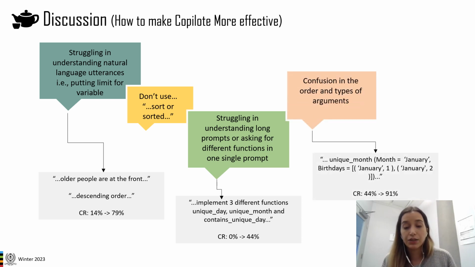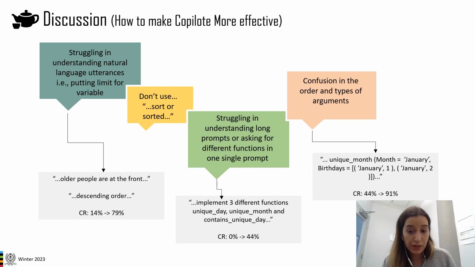Another finding is that Copilot sometimes gets confused with the order of arguments in your function, or the type of argument in the function you are asking it to write. So it is really helpful if you put an example of the expected input that you want your function to accept.